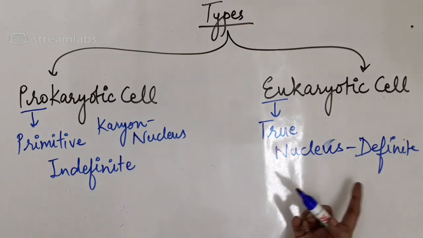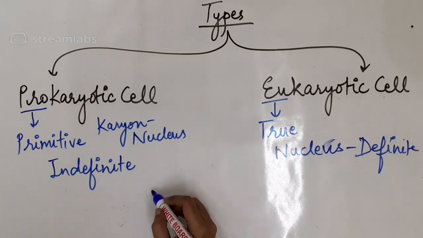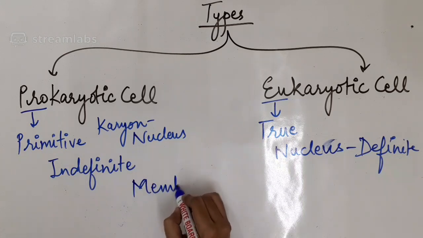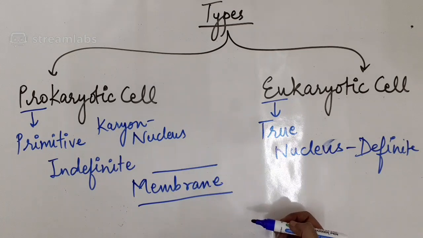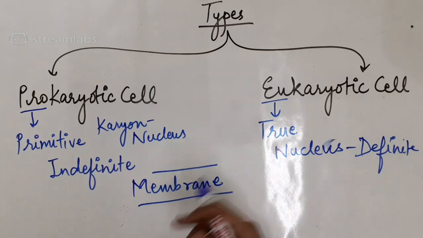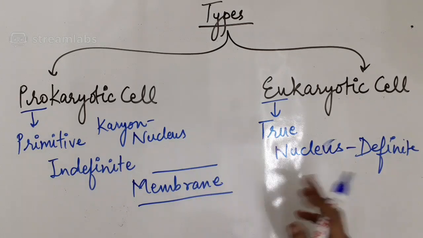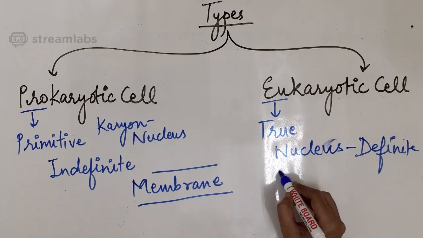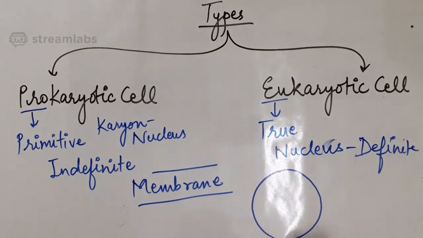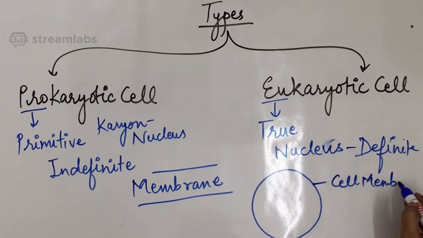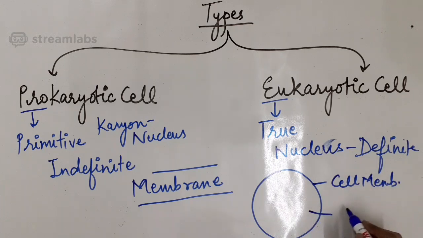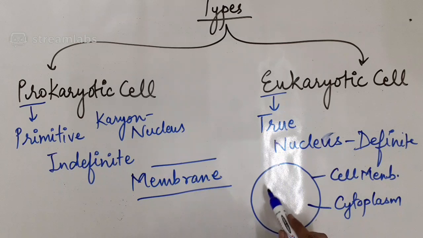What do you mean by definite and indefinite nucleus? These are based upon the membrane or the layer which surrounds the nucleic material of the cell. We studied the cell membrane or the plasma membrane, the liquid inside the cell which is called cytoplasm, and the nucleus present inside the cell.